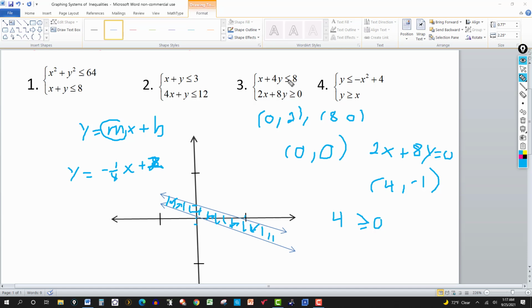So solving the boundary for the first one, I get y is equal to negative 1/4 x plus 2. If I solve the second one, make it into an equation, solve for y, y will equal 2. Take the 2x over, that's minus 2x divided by 8, that's a negative 1/4 x.